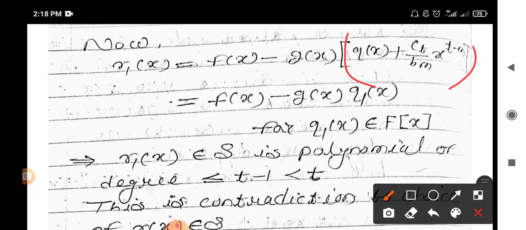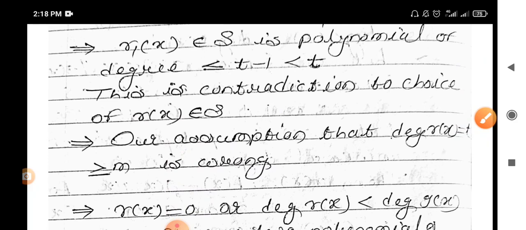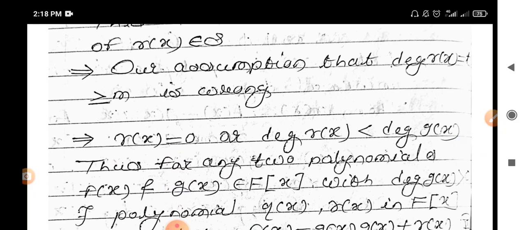This is a contradiction, therefore r(x) must belong to that s, and our assumption on the degree of r(x), which is t, being greater than or equal to m is wrong. Hence r(x) is 0 or the degree of r(x) is less than the degree of g(x).